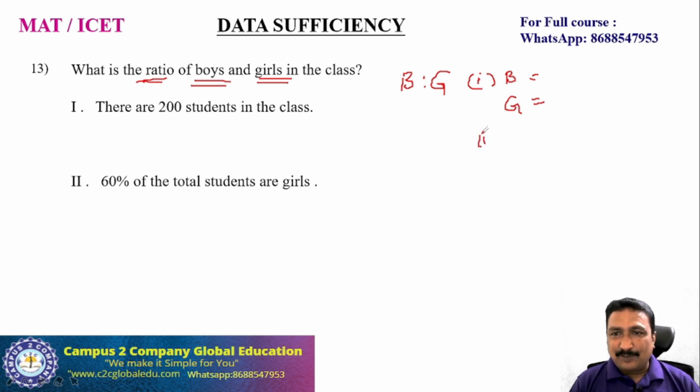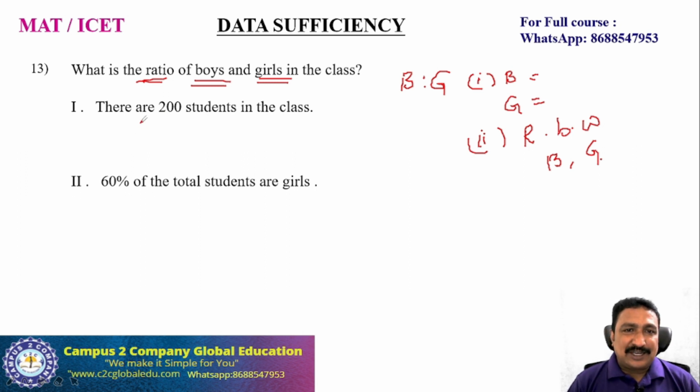Or the second situation, if we know the relation between boys' strength and girls' strength, then also we can find out the answer for this question. Okay, now students, in these two situations we can find out the answer for this question.